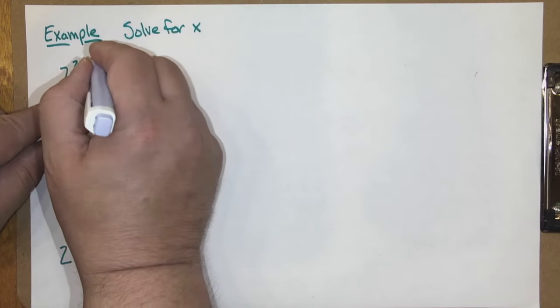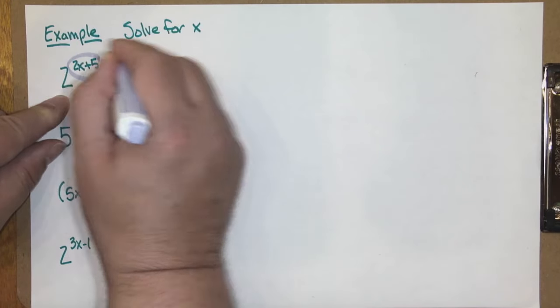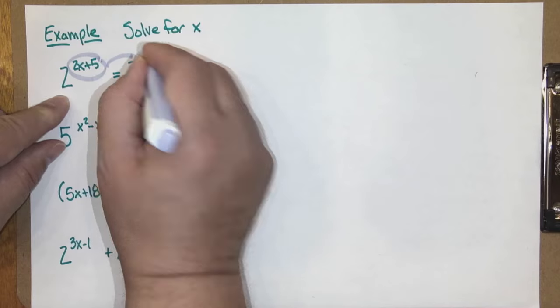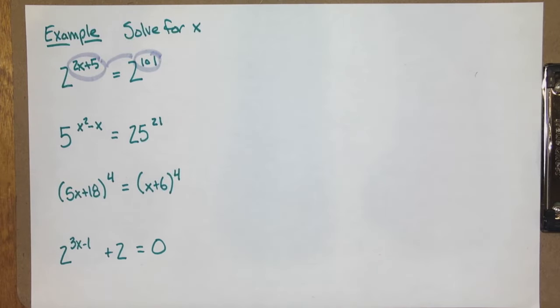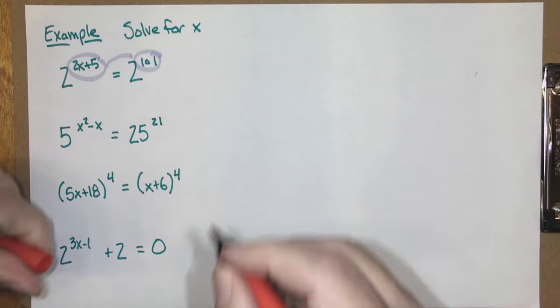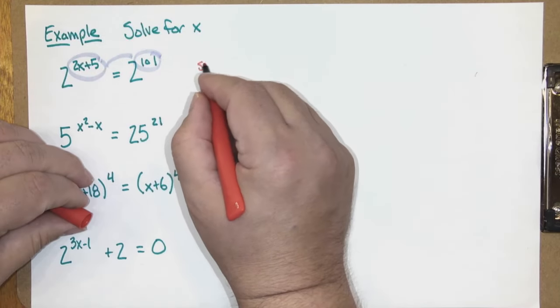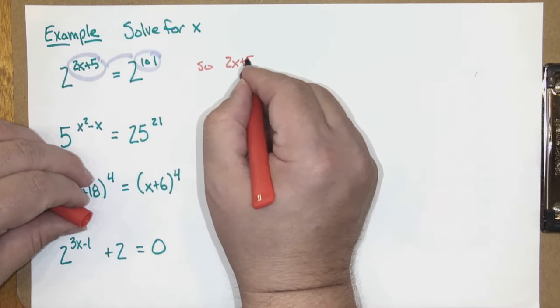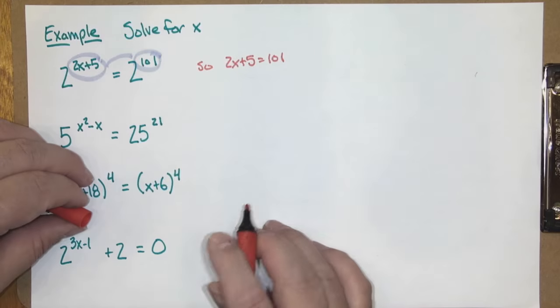Since the 2's match, that says we need the exponents to match. All right, so that gets us to a simpler problem. So we need 2x plus 5 equals 101.